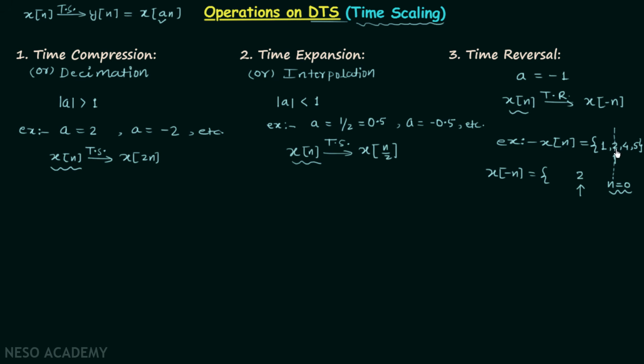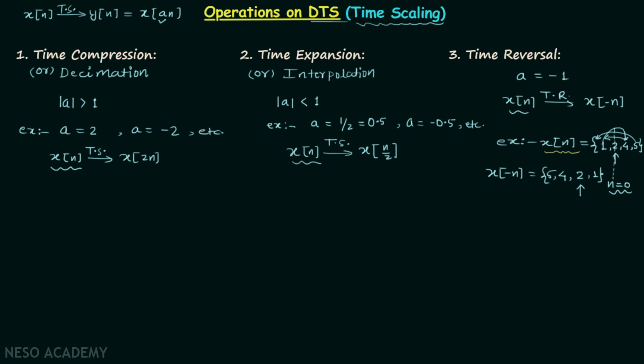There will be no change here, but this 4 will come in place of 1, and this 5 will come one place behind 1, and this 1 will go in place of 4. So this is what we have after performing the time reversal operation on x[n].